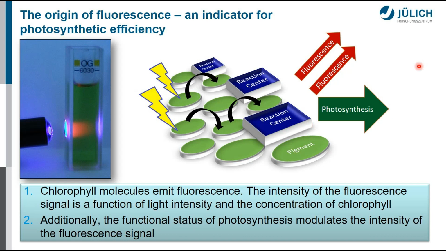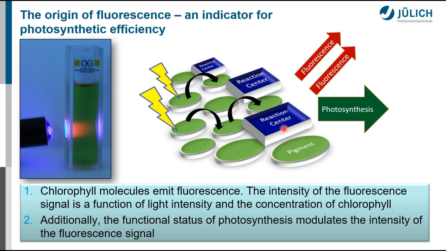And going back to my scheme, which I showed you before, if I have an over-energization of the photosynthetic machinery, and if I have a block of photosynthesis, or not all the energy can be used in photosynthesis, of course, in the first instance, the fluorescent signal increases. This is the model which I explained to you before.